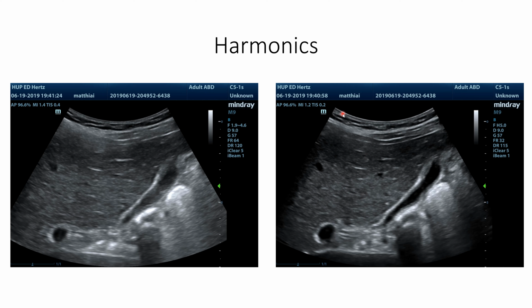It's actually generated by a lot of elements shooting sound at a sort of midline point, and that ends up making a fairly wide sound beam. But only the very center of that sound beam is strong enough to generate a harmonic, a double frequency to come back.